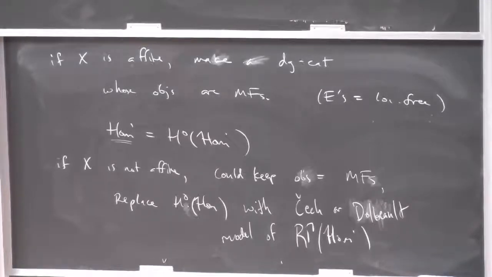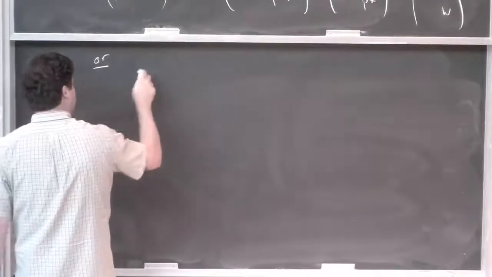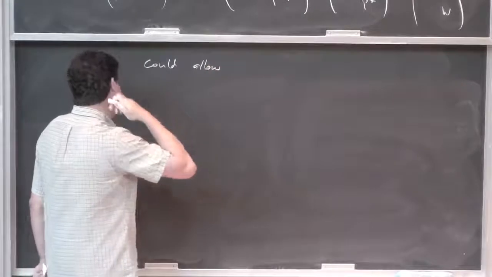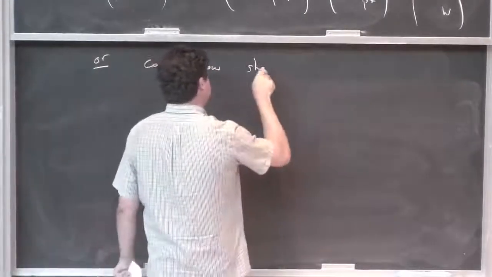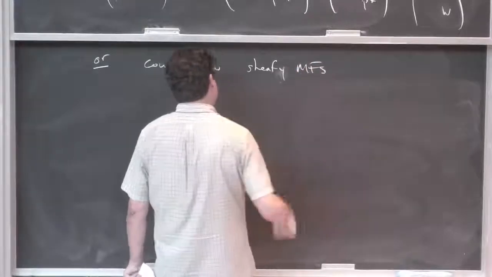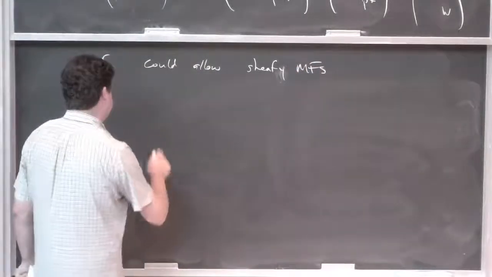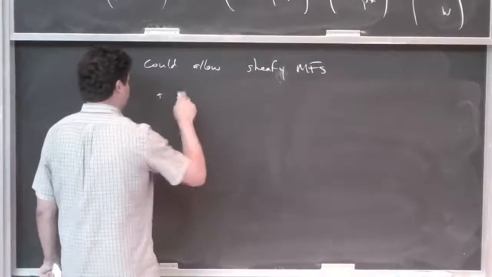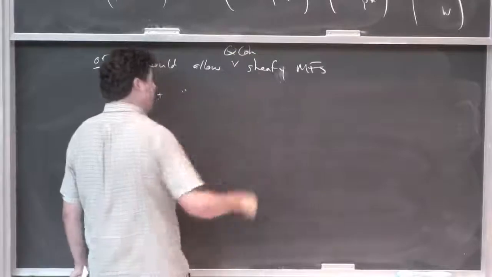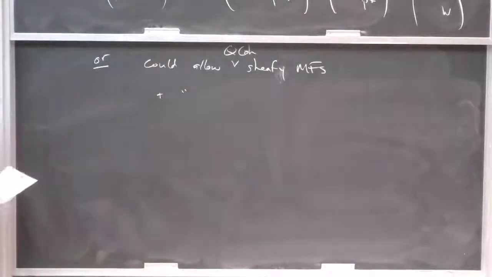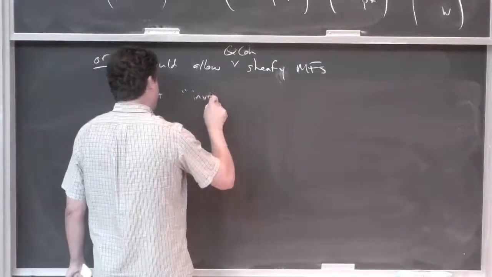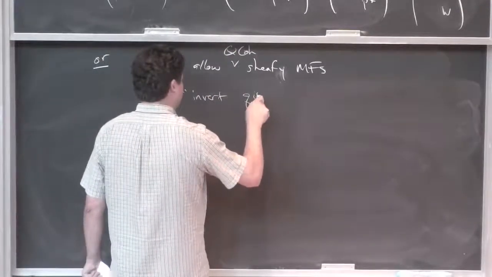Or we could allow sheafy matrix factorizations, and we could even allow quasi-coherent sheafy matrix factorizations. So maybe we have complexes of injectives around or something. And we could invert quasi-isomorphisms.